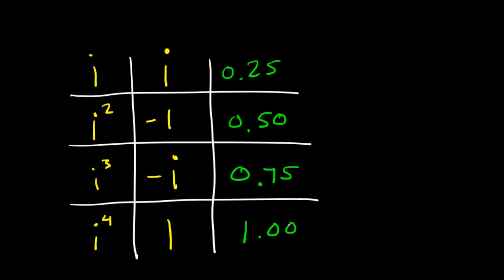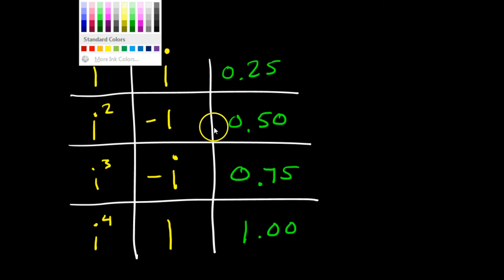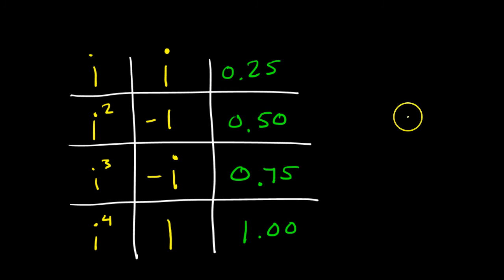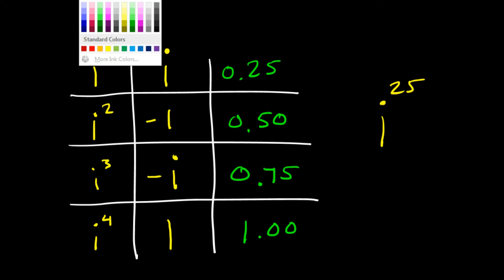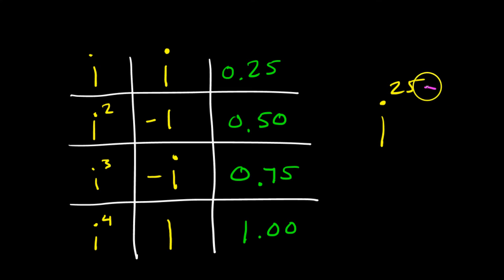Okay, so if I give you any power of i, you can use this chart to help you figure out what it is. For example, if I say i to the 25th power, the way you can quickly evaluate that is divide by 4. We're always dividing by 4 because there are 4 possibilities.